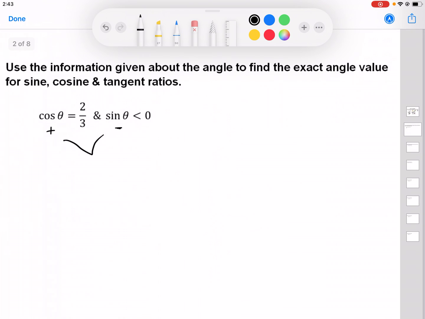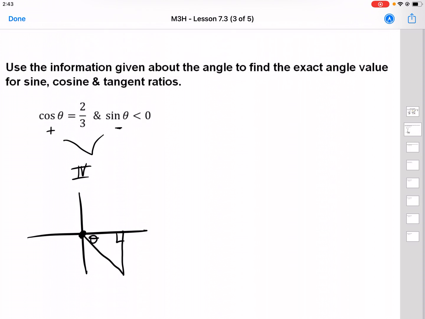So quadrant 4. I'm going to draw a right triangle in quadrant 4. Notice the angle's always coming from the origin, and the angle's always formed by the x-axis. Cosine is our adjacent over hypotenuse, so adjacent is 2, hypotenuse is 3.